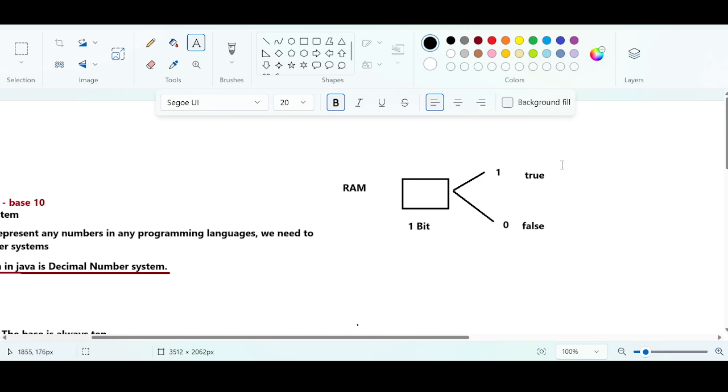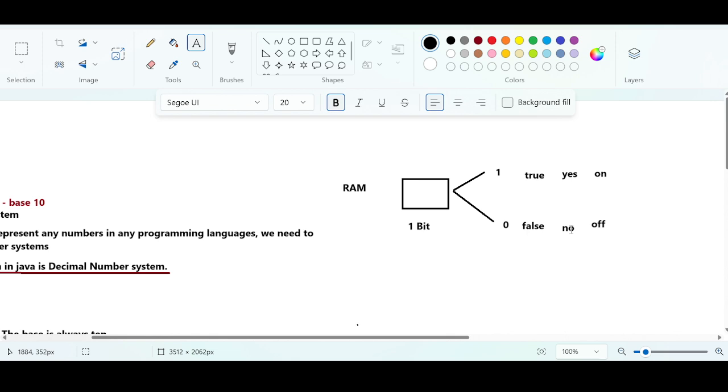They also started saying you can call it true or false, yes or no. Apart from this, they expanded it further, so it can also represent on or off. So if you have 1 bit of memory in your system, you can store either 0 or 1, or you can understand it as true or false, yes or no, or on or off.